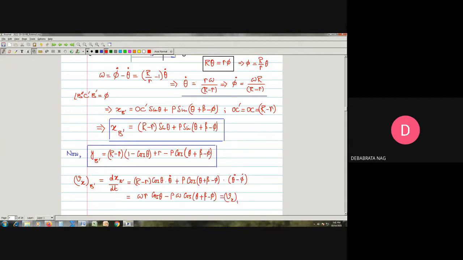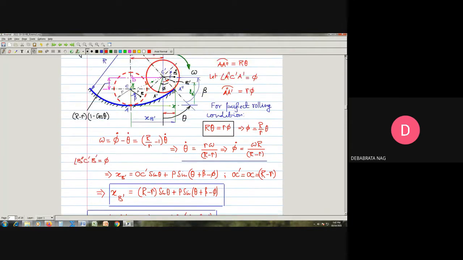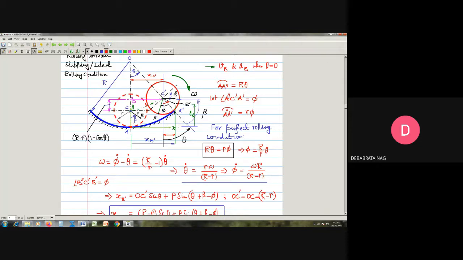But please remember, we need to calculate the velocity of the point B, which is in this initial geometrical position. But what we are going to calculate is the velocity of this point B dash in the deflected geometry after time delta t. Correct? From the initial time. So we need to backtrack this geometry from this position to this position. But we cannot analyze it from this position because it is a given initial position.